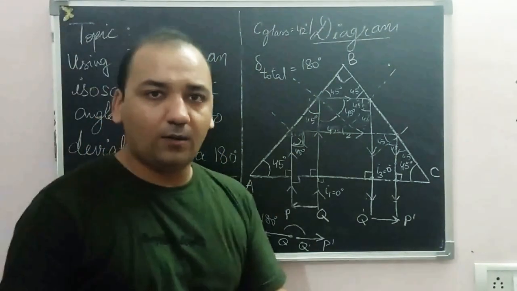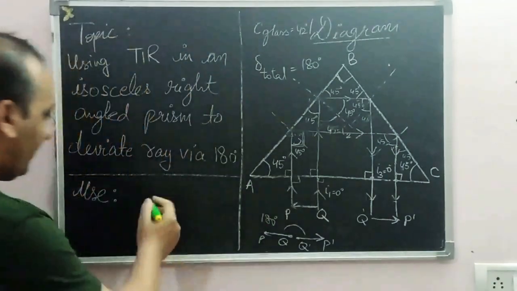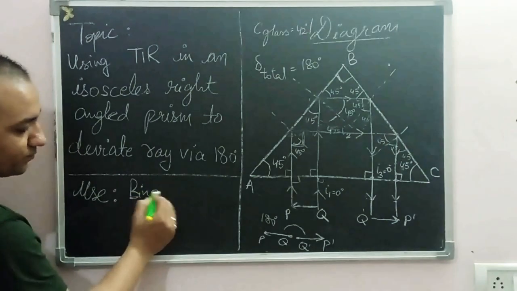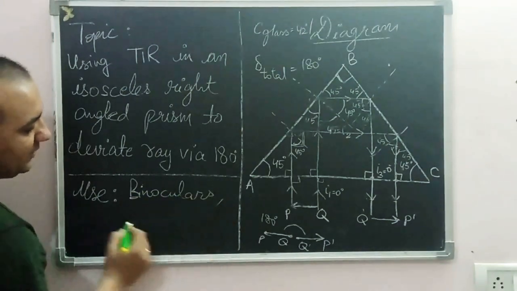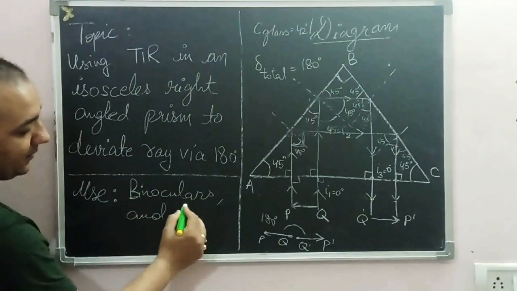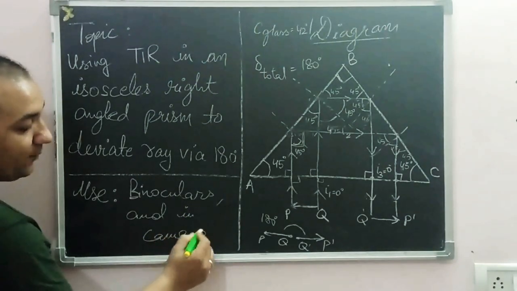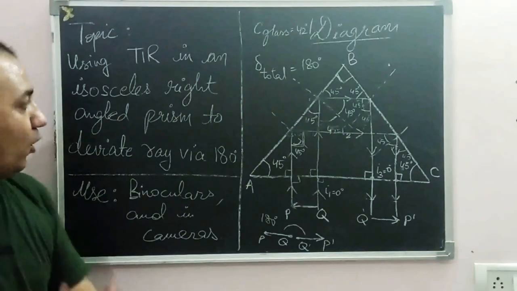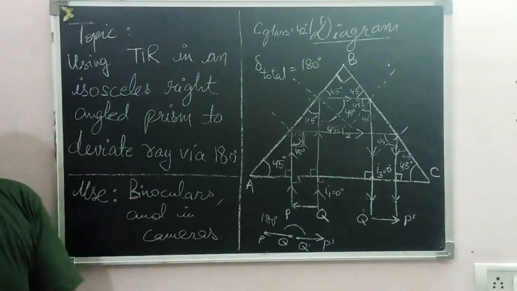Coming up to its application, the application of this particular type is in binoculars and in cameras. So in binoculars and in cameras, we use this phenomenon of TIR in an isosceles right angle prism.